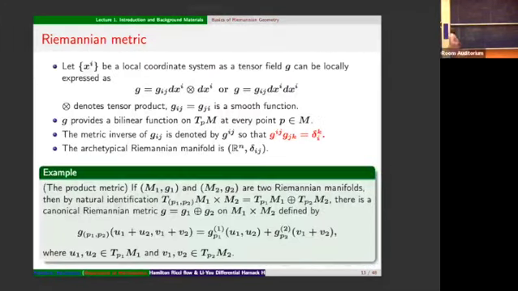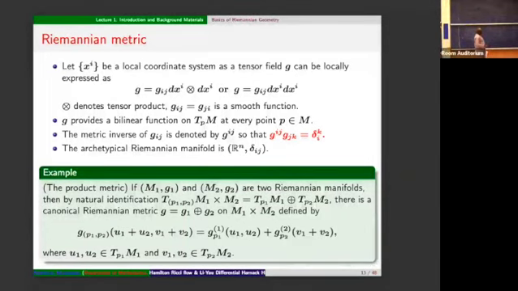Then locally, that is in the local coordinates x^i, G is written this way. We write it in component form, G_ij. This symmetry means G_ij is also G_ji.